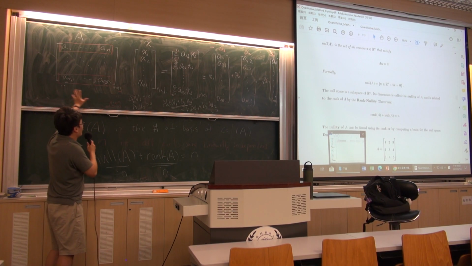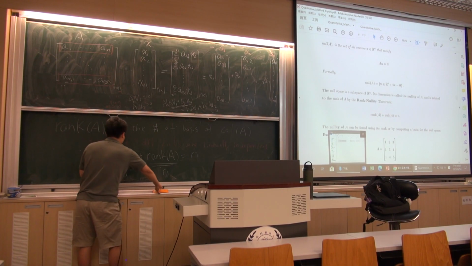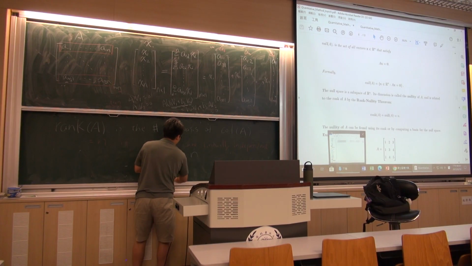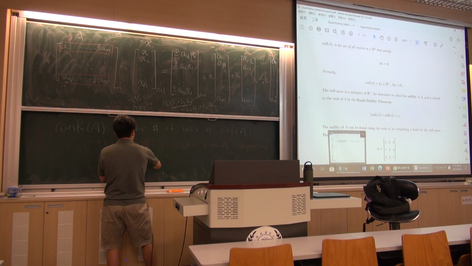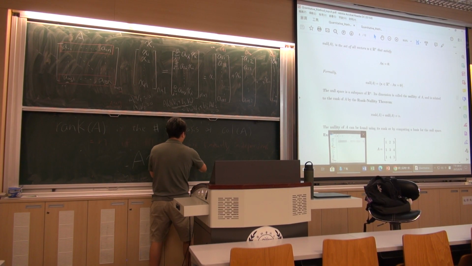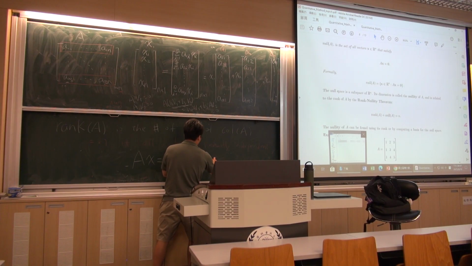And when they are all linearly independent, that means the solution of this equation is unique, which is x equals 0.